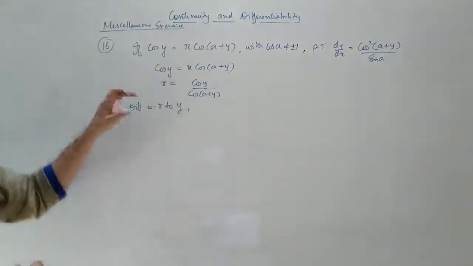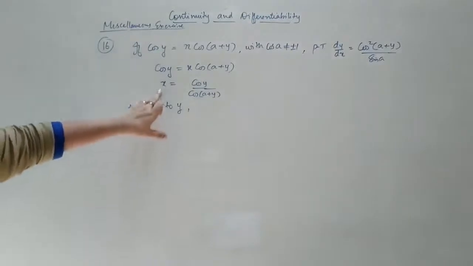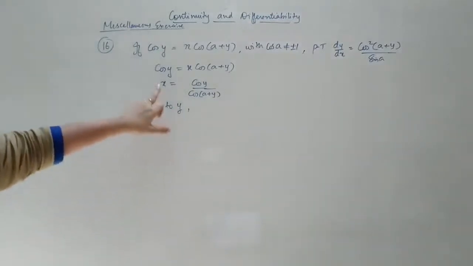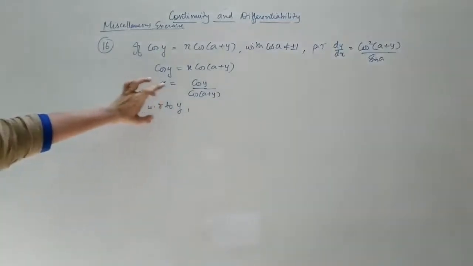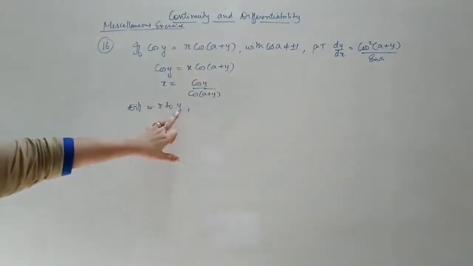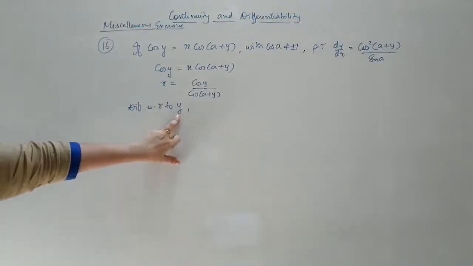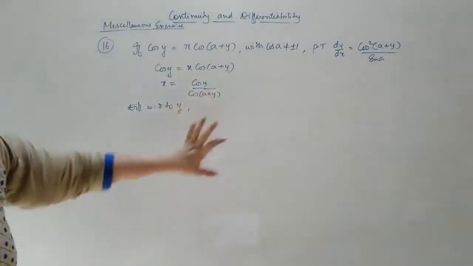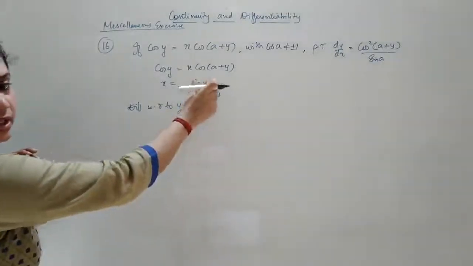Normally we find the derivative with respect to x, but here since x is a function of y, we are just differentiating with respect to y. You should be careful, because with respect to y you will not get any y dash by differentiating the term of y.